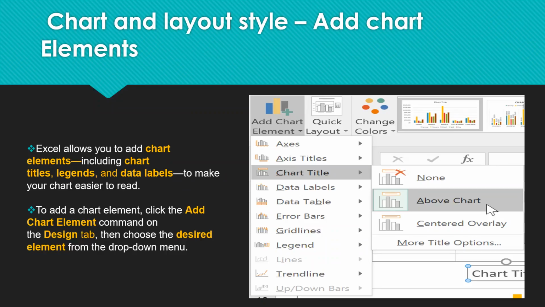Excel lets you add all these things using the add chart element option here. There are a lot of elements and we learned about only very few. To add a chart element, click on the add chart element command on the design tab, then you can choose a desired element from the drop down menu.